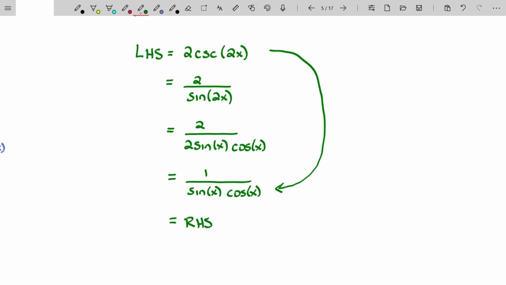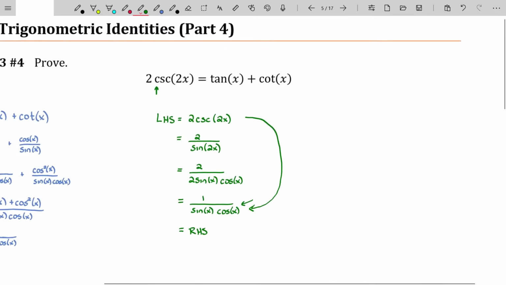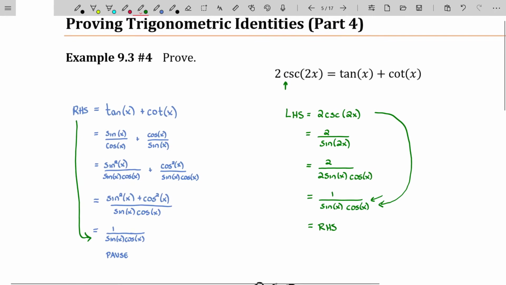And I would have gotten down to this part right here. And then I would say, oh, well, that's not exactly tangent plus cotangent. So let me move over to the right-hand side and work on that. And that's how I probably would have done this problem as well. It's just start with the trig identity. And then if I get stuck, switch to the other side. So that rule of thumb of starting on the most complicated side is just that, a rule of thumb.